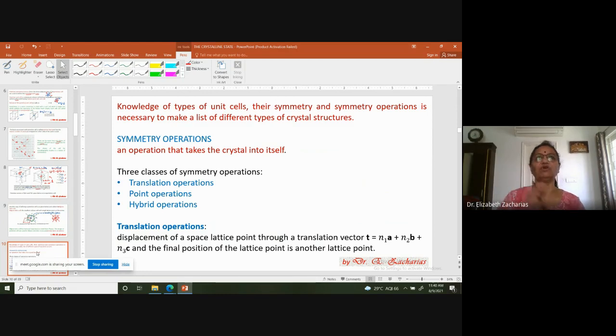So what is a symmetry operation? I do a certain operation, and after I do that operation, if the object looks exactly how it was before the operation, then such an operation is called a symmetry operation.